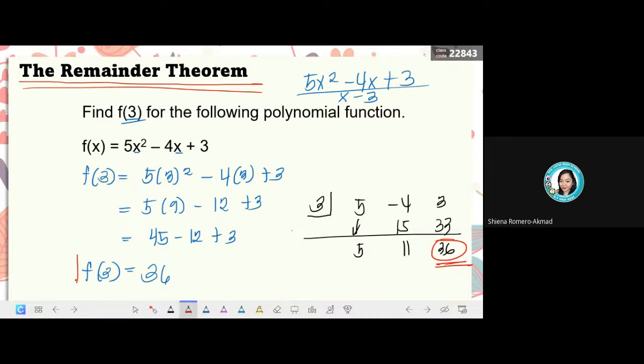So this is called the remainder theorem. If you substitute this to the variable x, you'll get the remainder. Okay? So there are two ways. Una, you can do the synthetic. Pangalawa, you can do the remainder theorem if you are looking for the remainder.